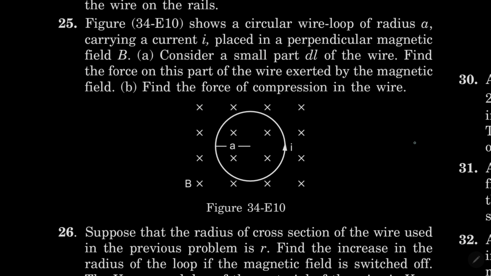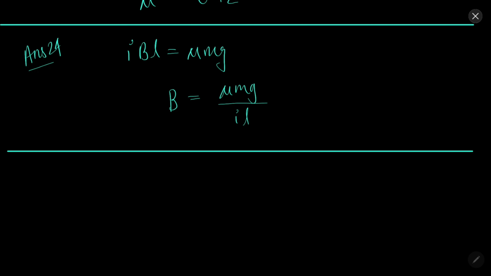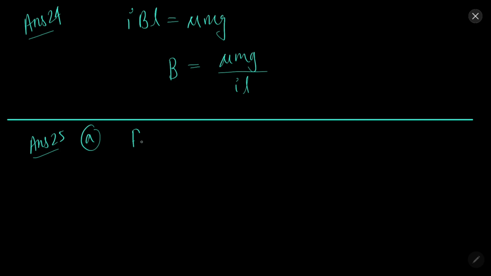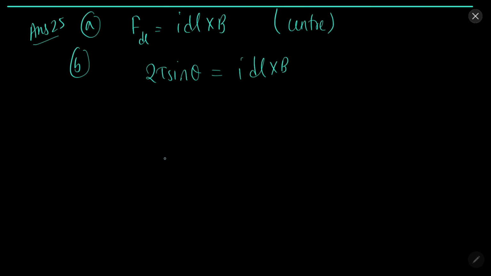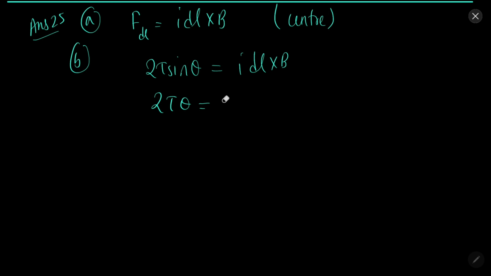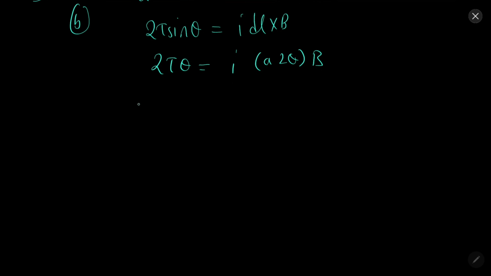In question 25, consider a small part dl of the wire. Find the force on this part of the wire exerted by the magnetic field, and find the force of compression in the wire. Solution 25, A part. dF equals I dl cross B. This will be towards the center, and 2T sin theta equals I dl cross B, 2T sin theta equals I a 2 theta into B. We assume that theta is small, so sin theta can be theta.